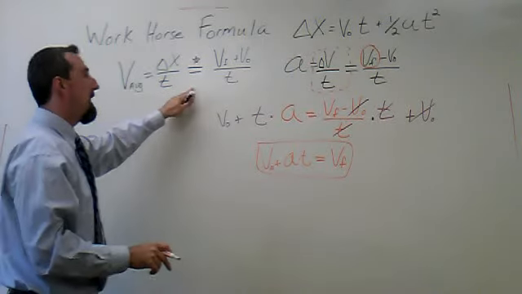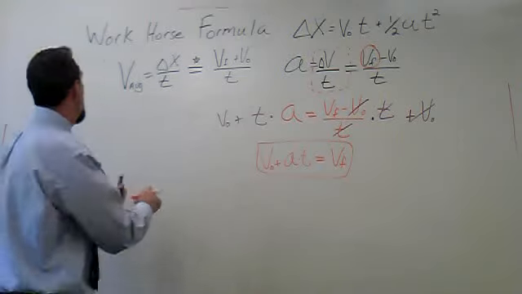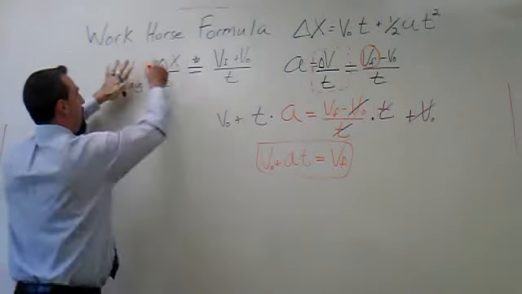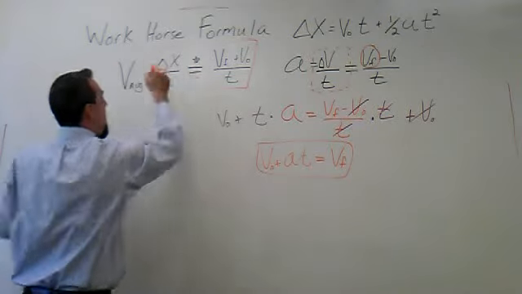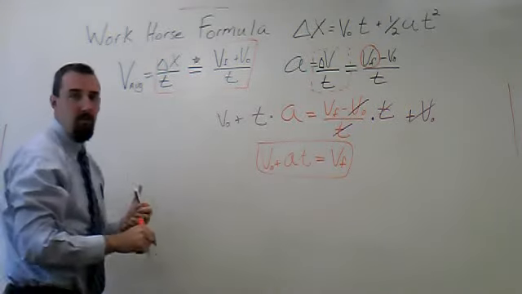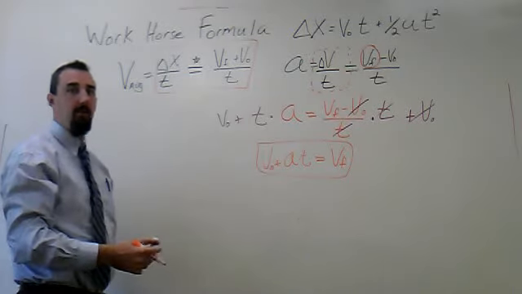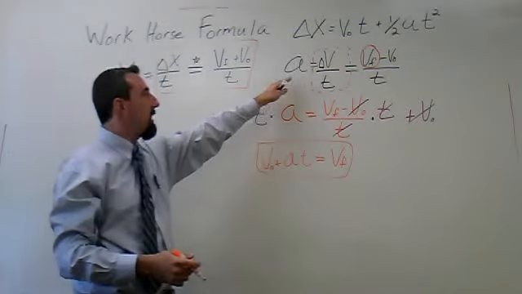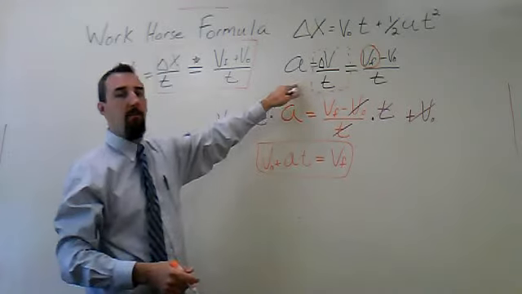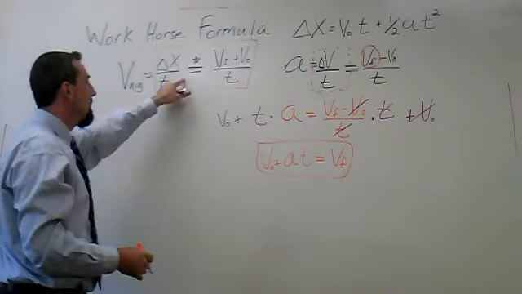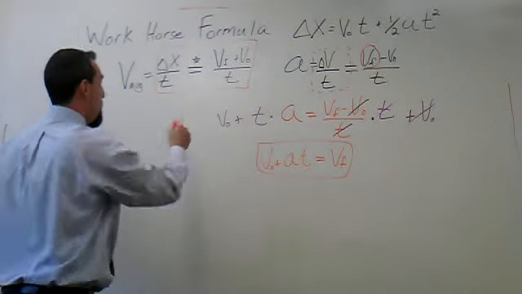So let's sub that in here and see what we come up with. I'm going to write this again, and I'm going to skip the V average part. I'm only going to worry about this side. And even though we have that special equal sign there, we said this only works for constant accelerations. We're only ever going to deal with constant accelerations. If not, it'll be a very special case, and I'll tell you. So let's sub this in for Vf.